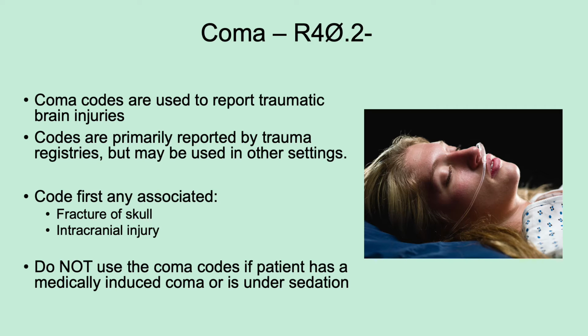So there's something outside the body that injures the patient and then they're in a coma. These codes are mostly used in trauma registries but may be used in other settings. And this is important: first code what the coma is a result of, fracture of skull, intracranial injury, etc. So that's listed first and then the coma scale.